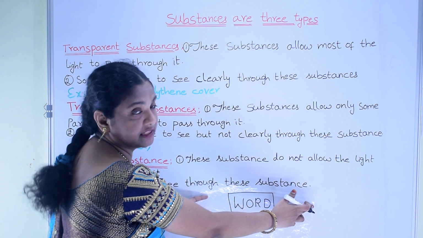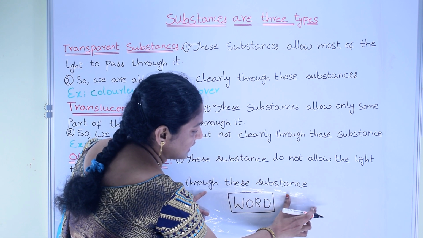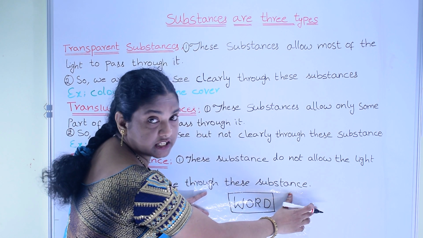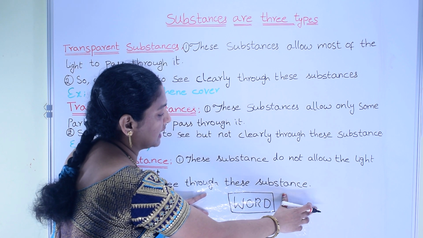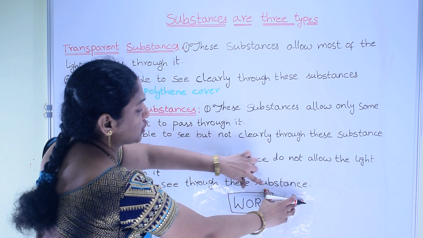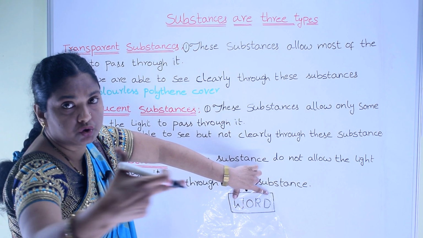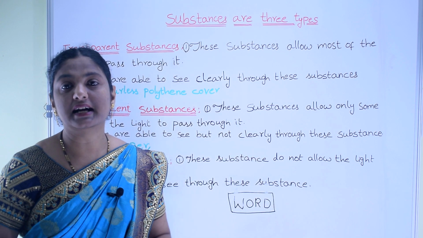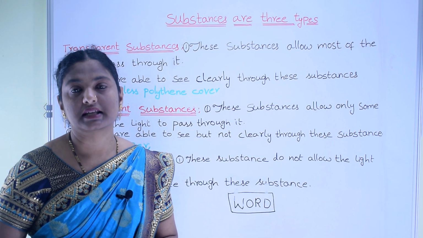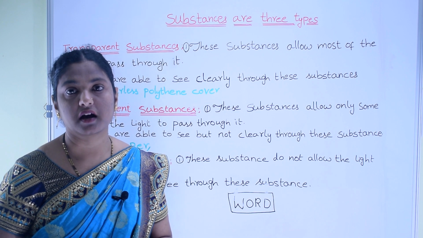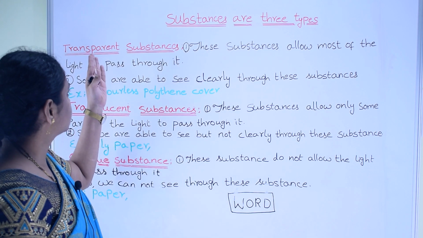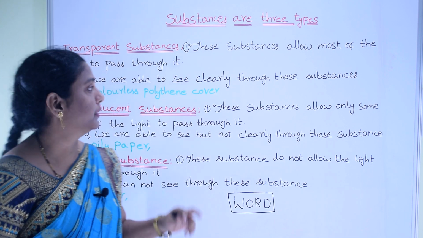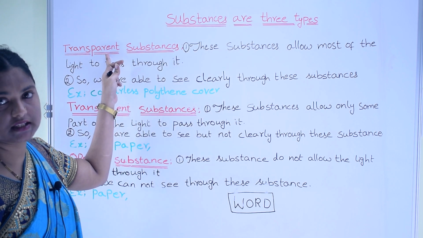We clearly see this word. This is because this polythene cover allows most of the light to pass through it. That's why we clearly see this word. Such substances are called transparent substances, and this colorless polythene cover is an example.